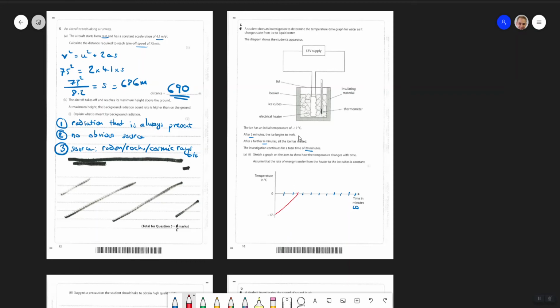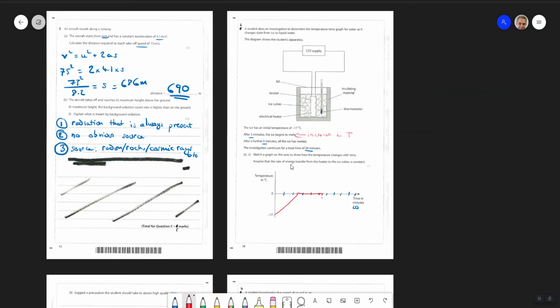So during this period we are getting an increase in temperature until we get to melting point, which is 0 degrees. We get a further 6 minutes, so we've got 5, 2, 4, 6 minutes, so we're going to get to 11 minutes, which is there, and we're going to go on a straight line.